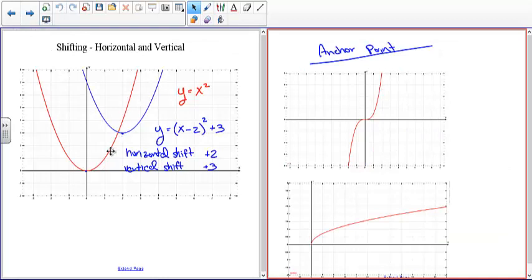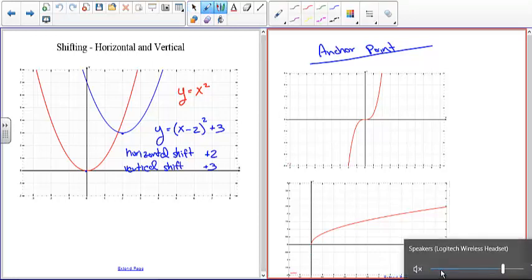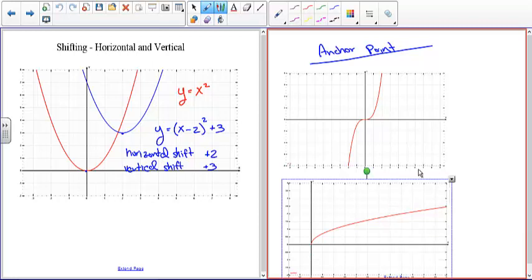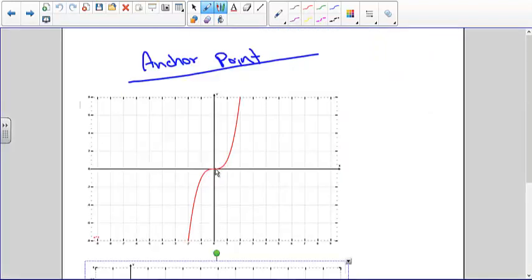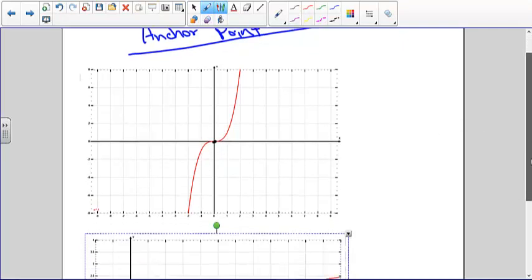Now, the question is, what is the anchor point? That's where you do all your calculations relative to that point. So for a cubic function, let's look at this on one page. For a cubic function, it's this point. So everything's relative to that point, the origin. It's usually the origin.